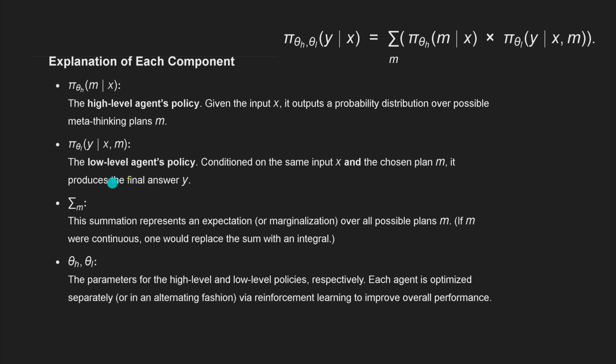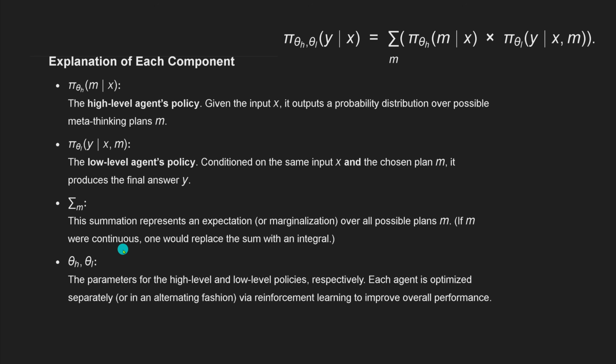So now we understand what these two policies are doing. Then we just sum over all the m. The summation represents an expectation, the operator E, you're familiar with this in AI, over all the possible plans m. This is for a discrete m, and if we have a continuous m, like later in quantum structures, we would replace this sum with an integral.